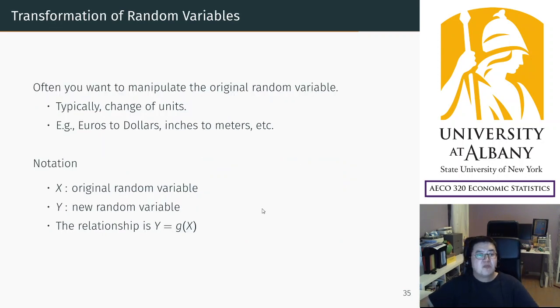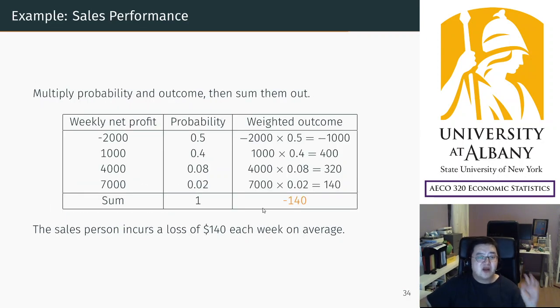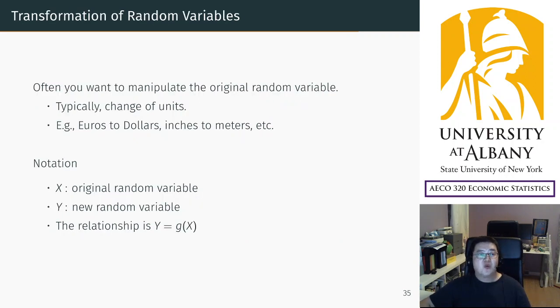And we are now going to study how the transformation works. We have transformed an original random variable, weekly sales in number of cars, into a new random variable, weekly net profit in terms of dollar amount.